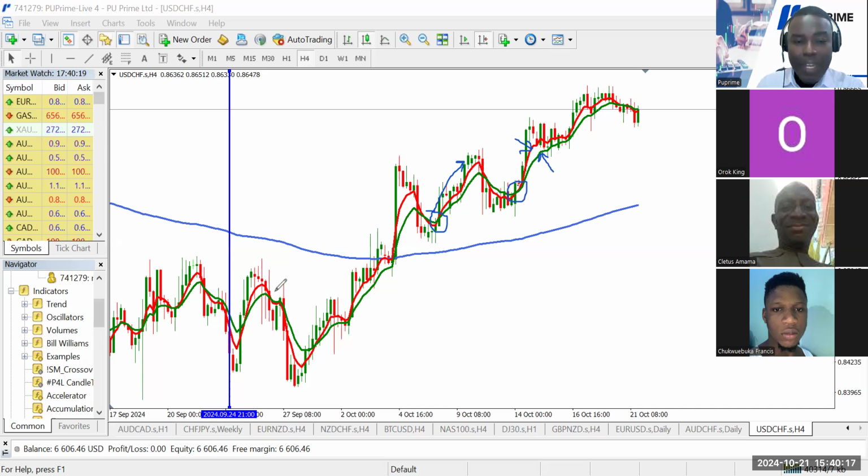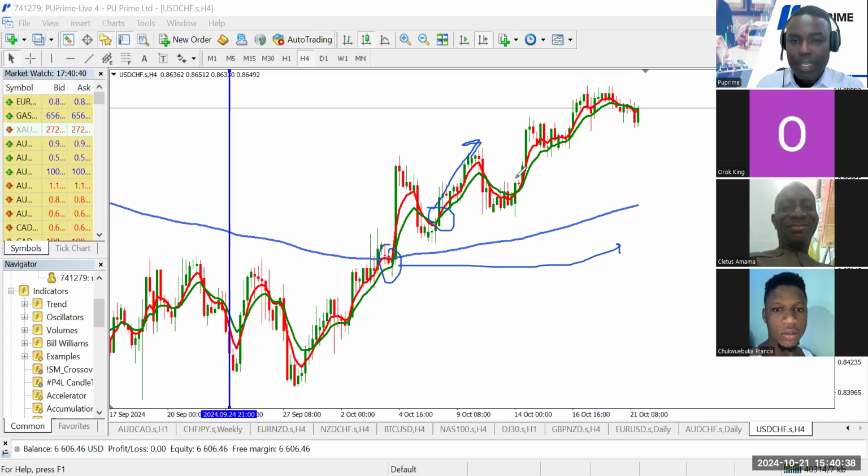And whenever the 5 moving average crosses below the 10 moving average, we're looking for an opportunity to sell. So if the overall trend is bullish based on the 200 moving average, you can now look for an opportunity to buy strictly when the 5 moving average crosses above the 10. Again, this will now be our valid entry point for a buy trade.